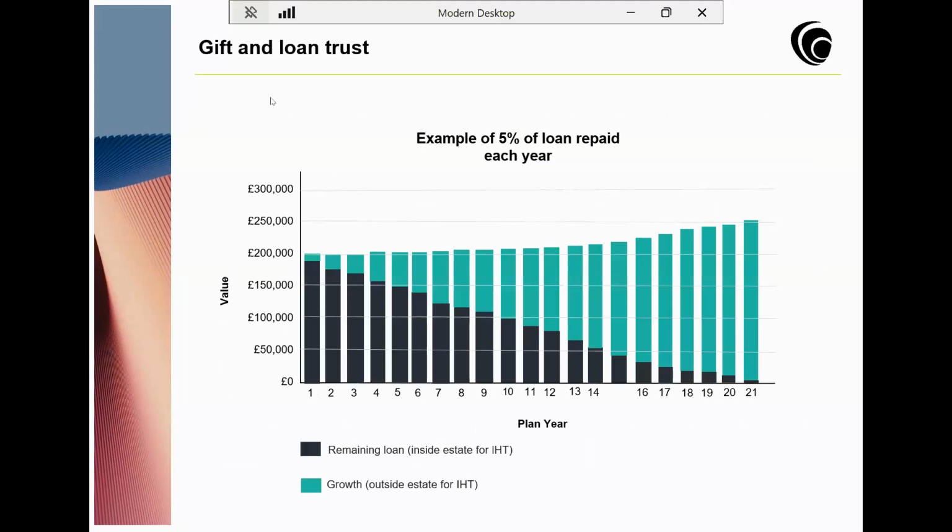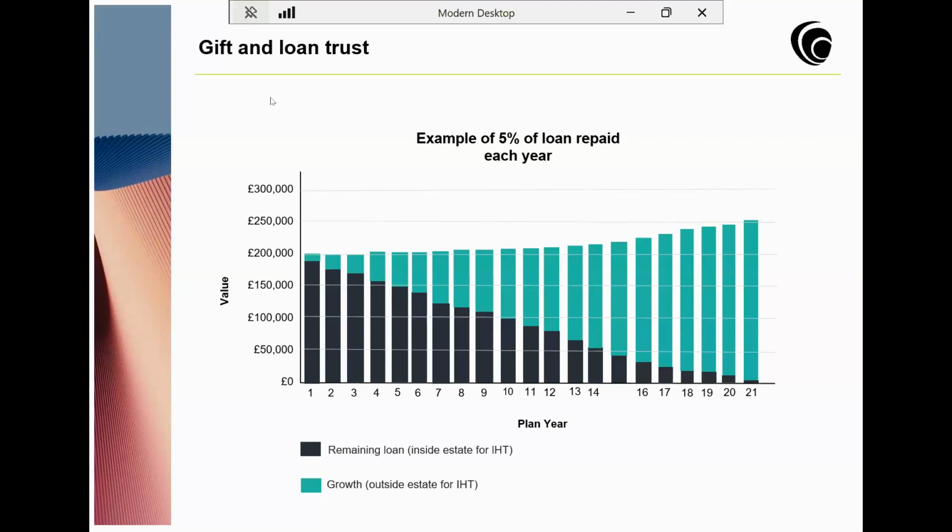So again, just bringing that to life, this is just showing you roughly how that might work. If a client is looking to take 5% withdrawals through the 5% tax deferred withdrawals of an investment bond, then they're taking that for the 20 years. It shows if you're getting a potential growth of around 6%, over the 20 years, there's going to end up a good level of capital outside the estate.